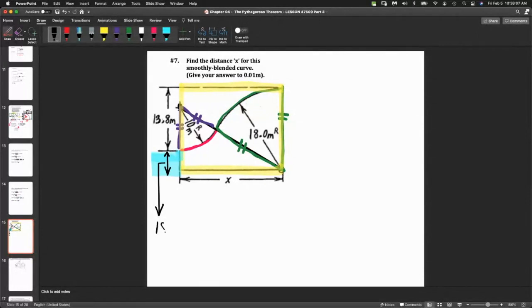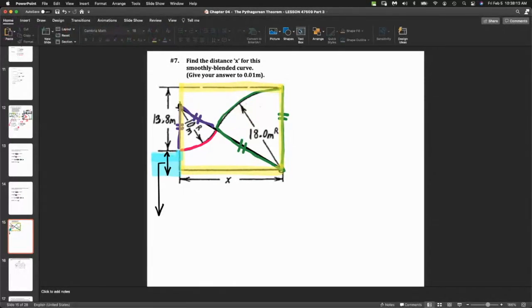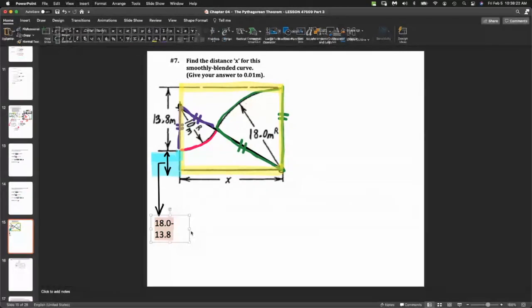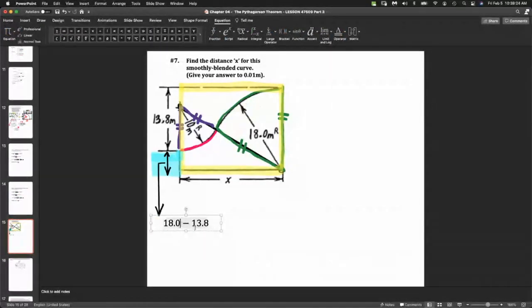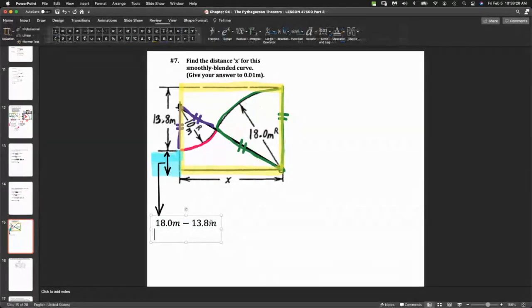Perfect. Let me type this because this thing is way too slow for writing numbers. This calculation here is 18 minus 13.8. What Maha did was subtract the two heights on the respective sides of this figure.